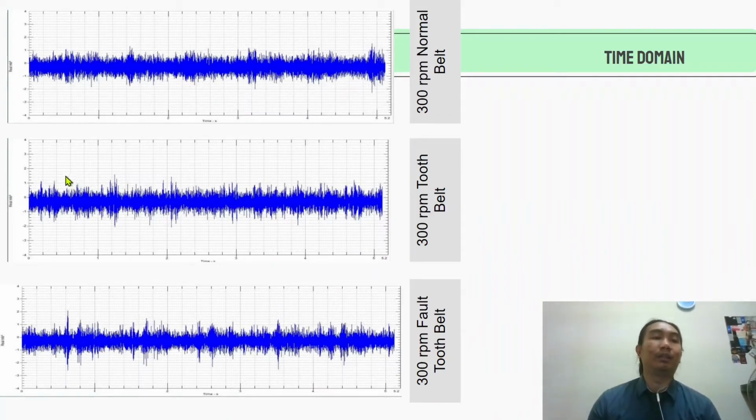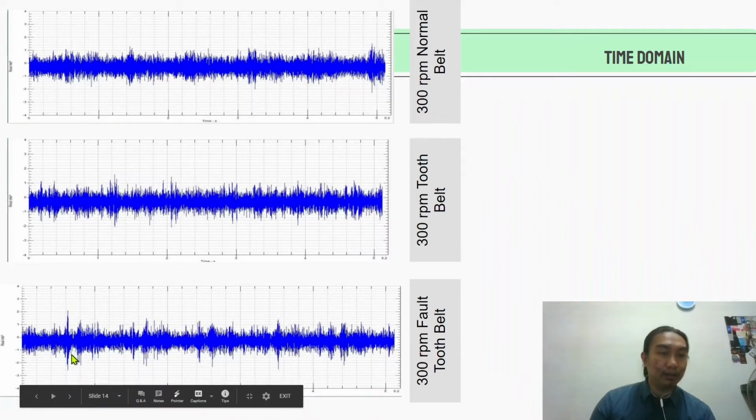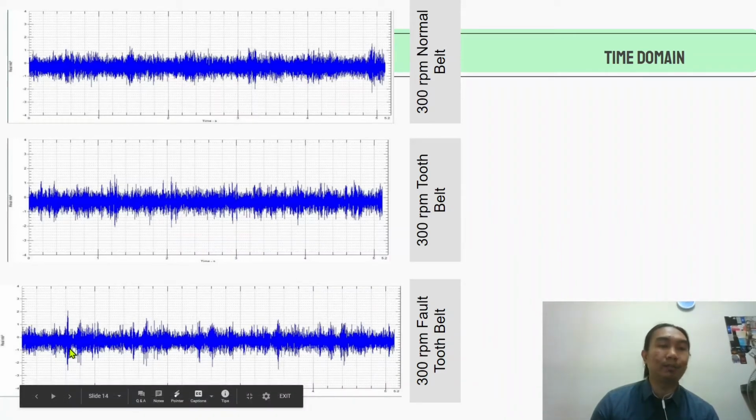Same as the tooth belt, but the amplitude will be a bit higher at certain points in time, so it can be differentiated between the normal belt and the tooth belt. And then as for the fault belt, we can see that there is a higher amplitude or higher waveform at certain points rather than the tooth belt. The fault tooth belt has an additional extra waveform that shows the misalignment or missing tooth.